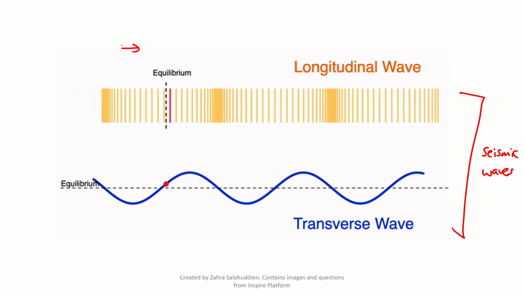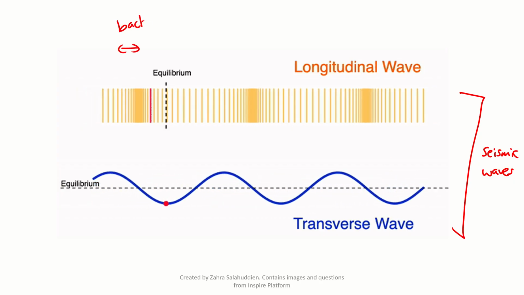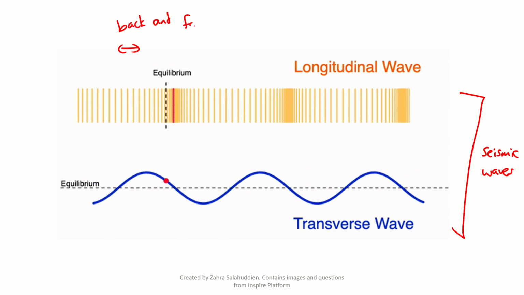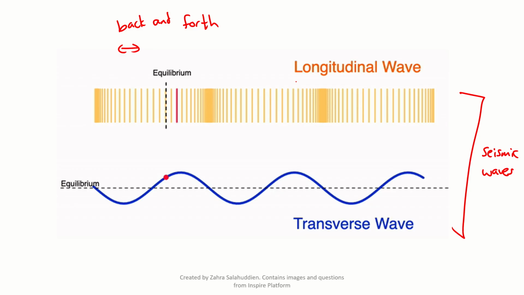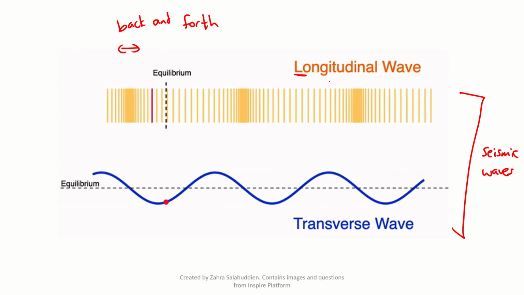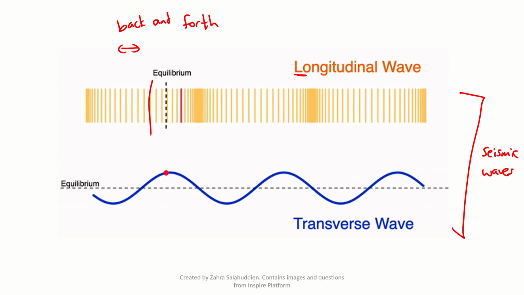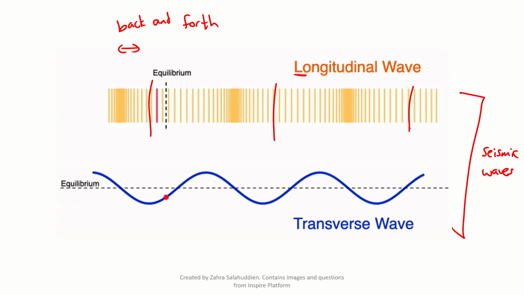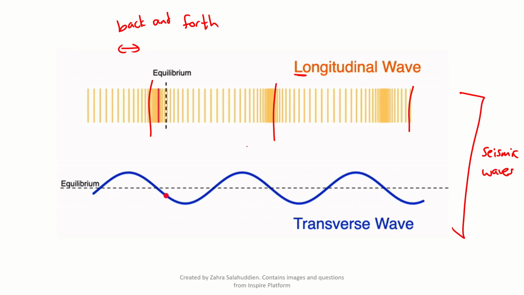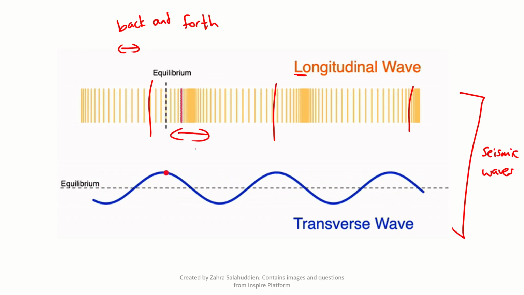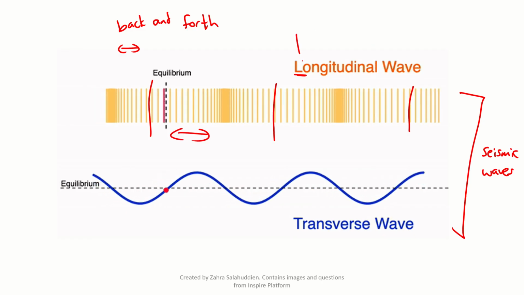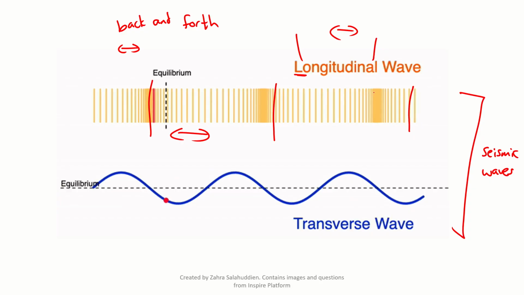They can move back and forth. And if they move back and forth, we call them longitudinal. An easy way to remember this is if you look at it, it looks like long lines. And these long lines are moving back and forward.